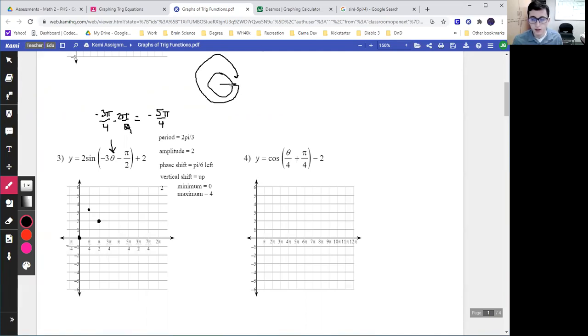So you're back to where you started. The sine of this position is 0. So even though you get -2 pi here, this equals 0. 2 times 0 is still 0, and then plus 2, 0 plus 2 is just 2. So that is how I got 2 out of that.